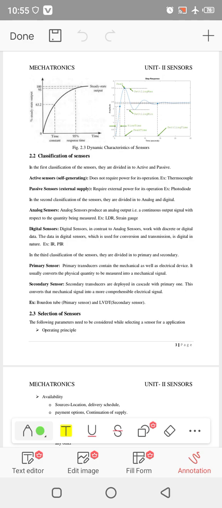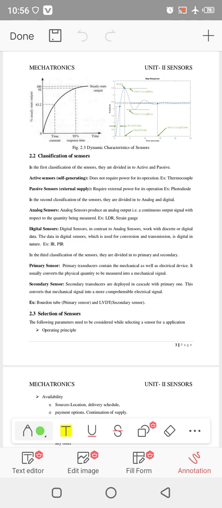We will see in detail both active and passive sensors, because when we want to select sensors, we have to consider whether it is active or passive. Does it need an electric power or external power supply or not? Because this determines whether to buy, use, or select it or not.